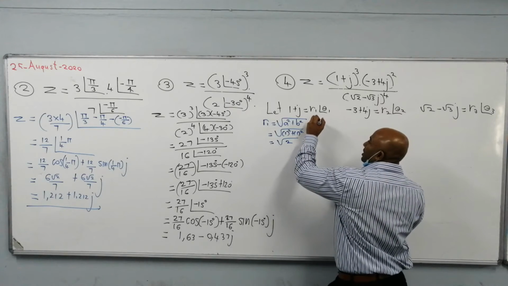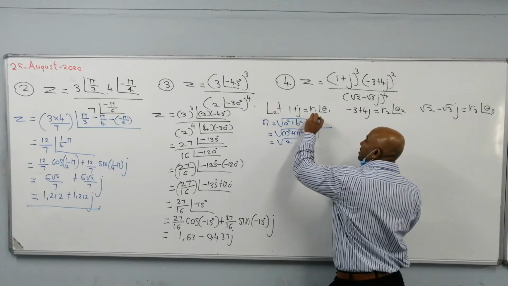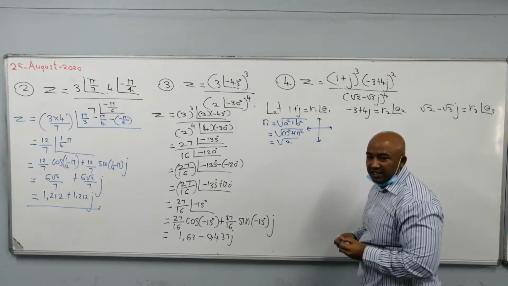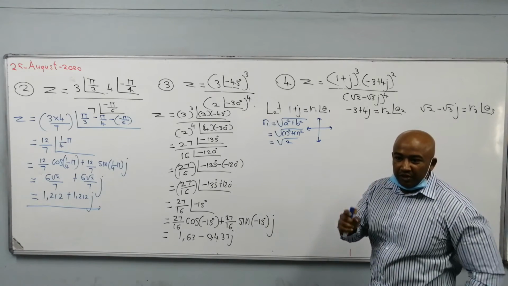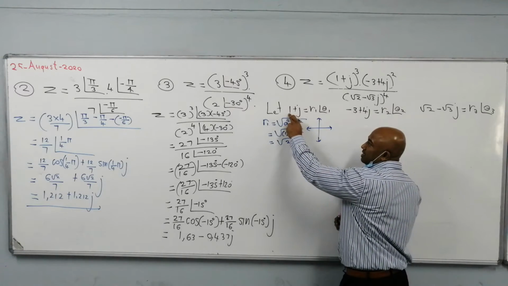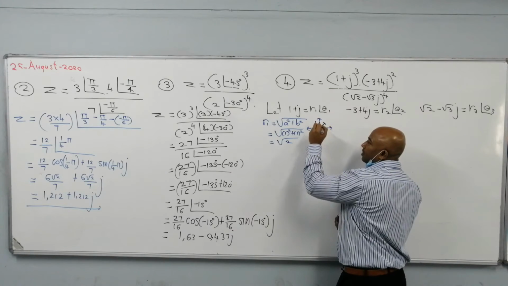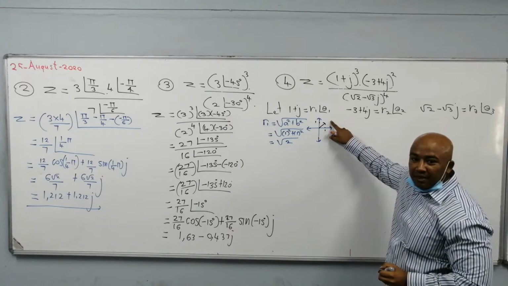Then, to make sure that we are in the correct quadrant, let's do a rough sketch. You're not getting any marks for the sketch here; it's just to direct you to the correct quadrant. That's a 1 and a 1, so you are in quadrant number 1.